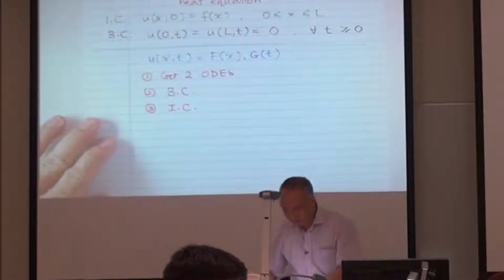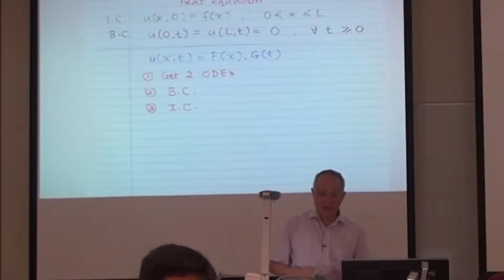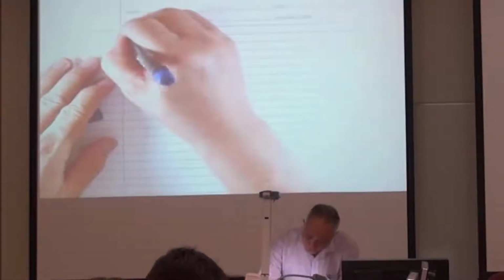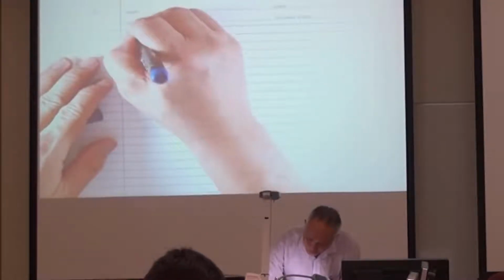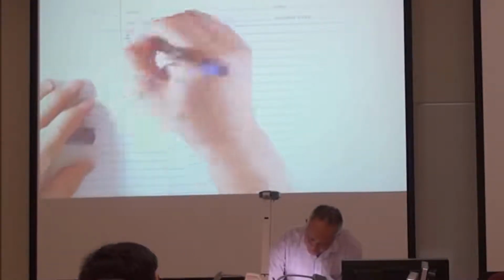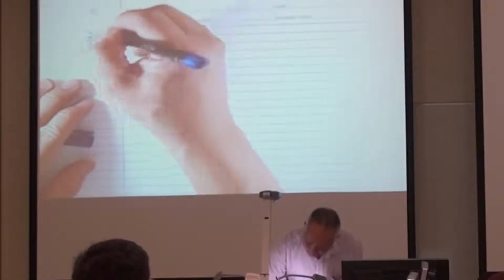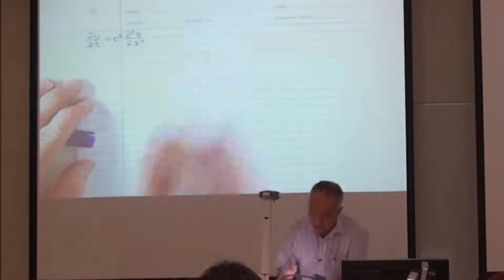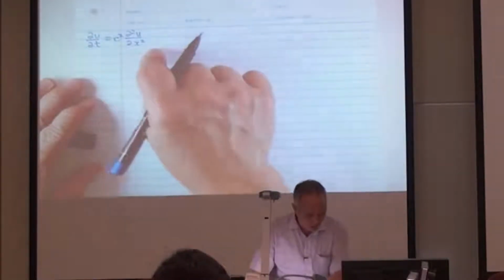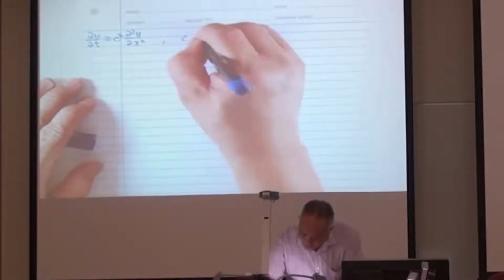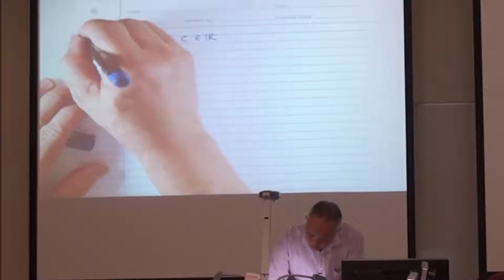So the first step is to get the two ODEs. Let's put down what we want to solve, which is du/dt equals c squared times d2u/dx squared. This is what we want to solve. So c is some real number, remember this.